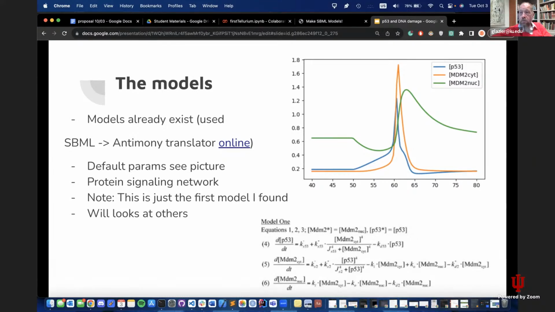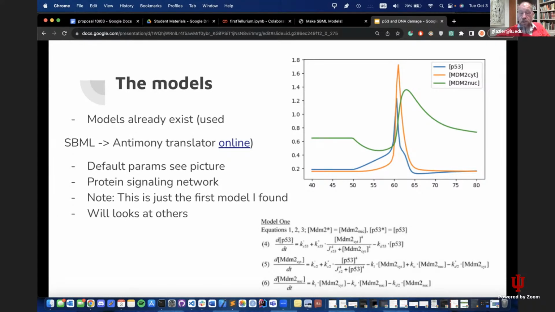In your model, you have what's happening in the nucleus and what's happening in the cytoplasm. You have MDM2 in the cytoplasm, and you have MDM2 in the nucleus. Two different regions, same molecule. In this case, we've named the concentration of the chemical in the cytoplasm and the concentration in the nucleus as different species.